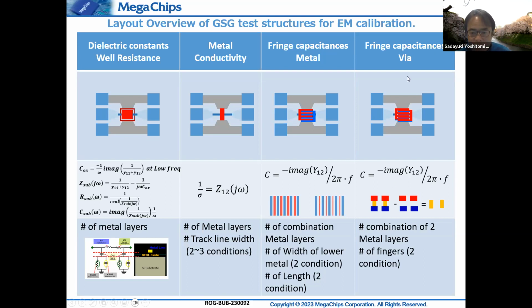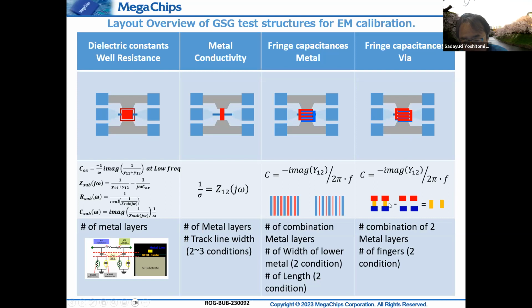And the third one is fringe capacitance, such as via capacitance extraction. The configuration is the same, using the MOM cap structures. The only difference is that two metal layers are stacked in a MOM cap structure.